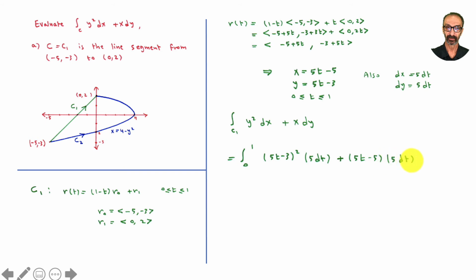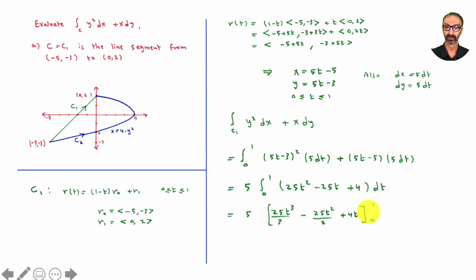Do the math. It becomes a polynomial with respect to t from 0 to 1, and I took the 5 out. Simple math, I have negative 5 over 6.